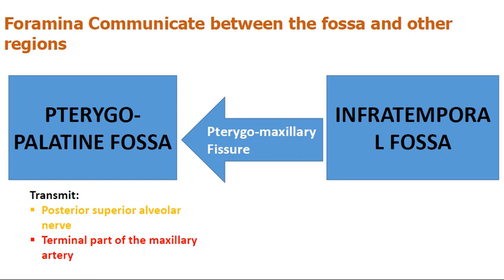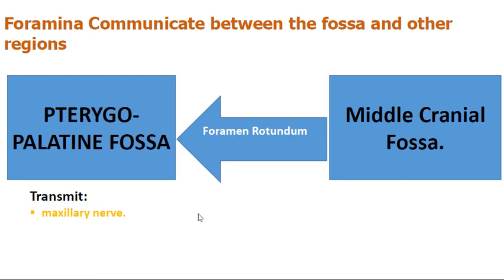The second illustration or diagram will show the relation between the pterygopalatine fossa and the area in the cranium, the middle cranial fossa, through the foramen rotundum. There is a communication between the two regions, and here we have the maxillary nerve, the V2 nerve, part of the trigeminal nerve, which comes from the middle cranial fossa and through the foramen rotundum enters the pterygopalatine fossa.